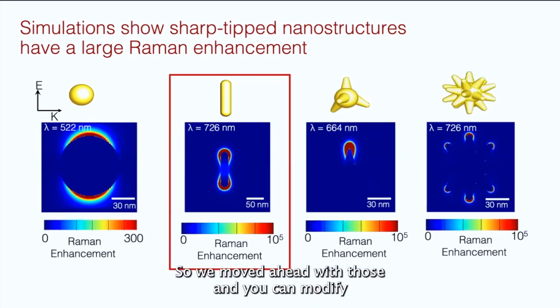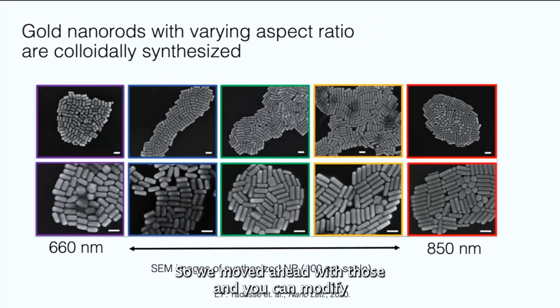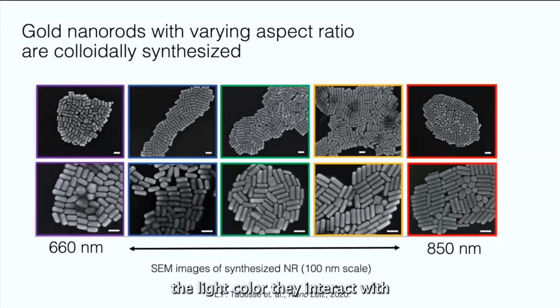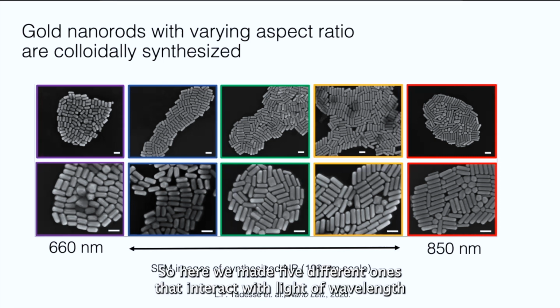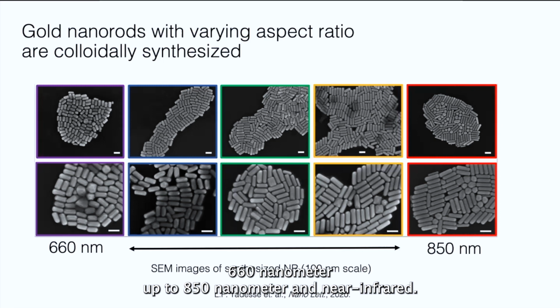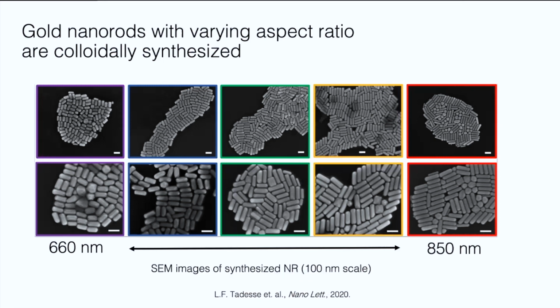So we moved ahead with those. And you can modify the light color they interact with by changing their aspect ratio, which is their length versus width ratio. So here we made 5 different ones that interact with light of wavelength 660 nanometers up to 850 nanometers in the near infrared.